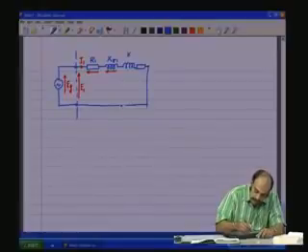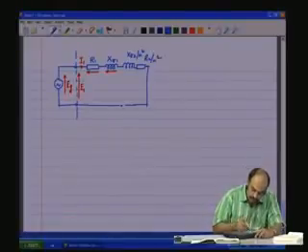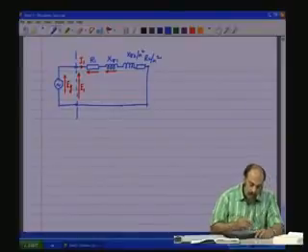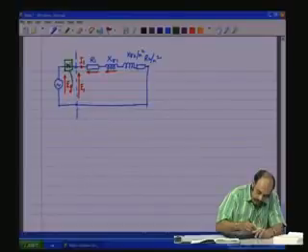This would be X sigma 2 by n square. This is R2 by n square. So you continue to keep the wattmeter here.